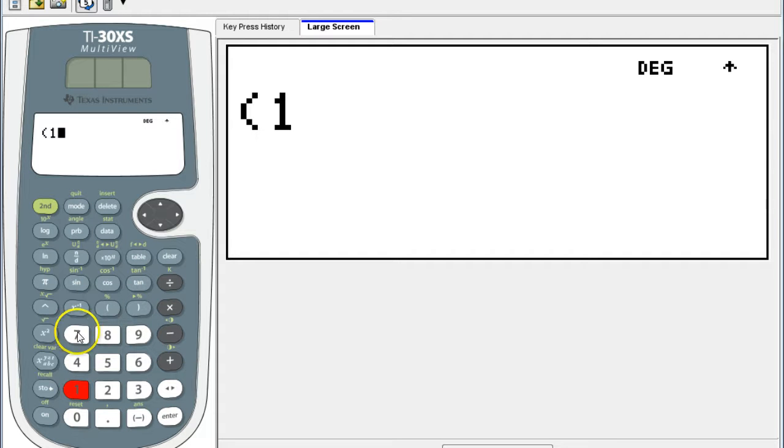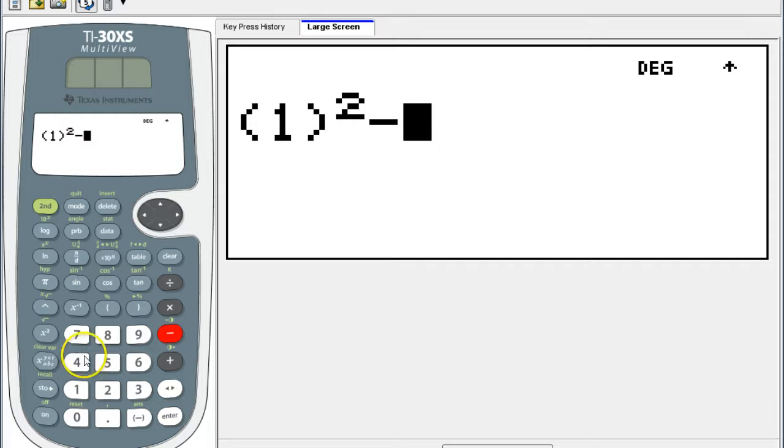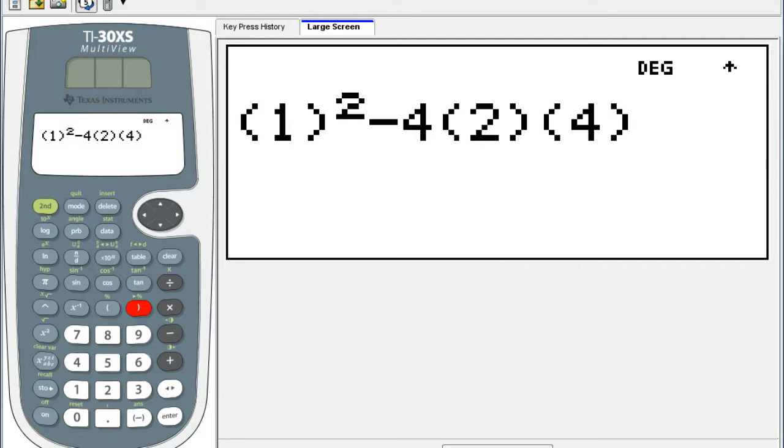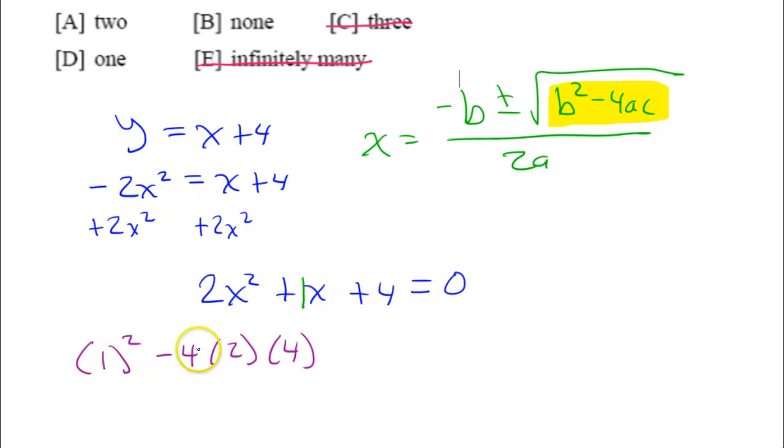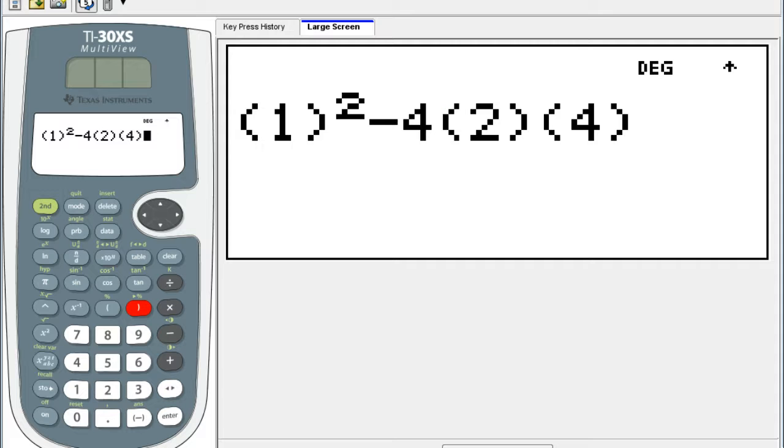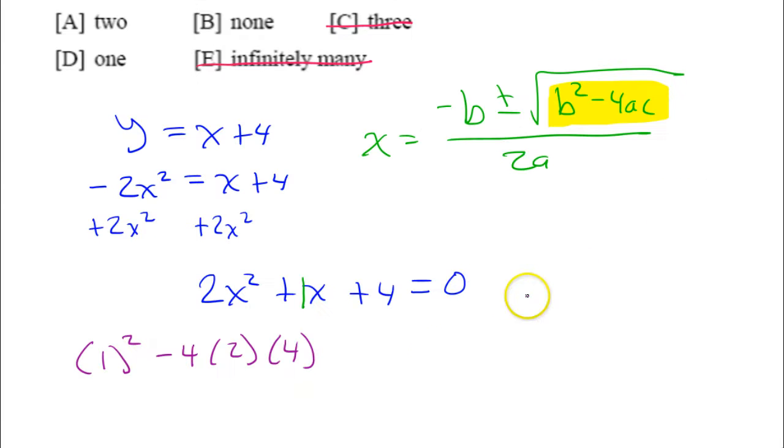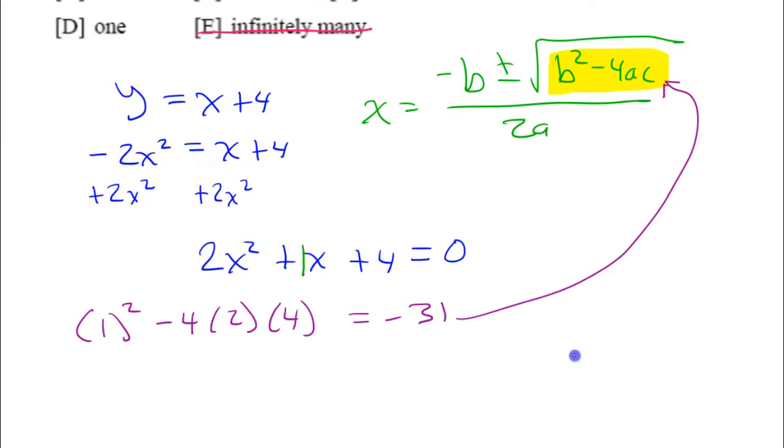So I have 1 squared minus 4 times 2 times 4. 1, 4, 2, 4. Is that what I had? Yep. Boom. That is negative 31. Okay, that is very, very interesting because when I have a negative discriminant, remember that this discriminant lives under the radical.